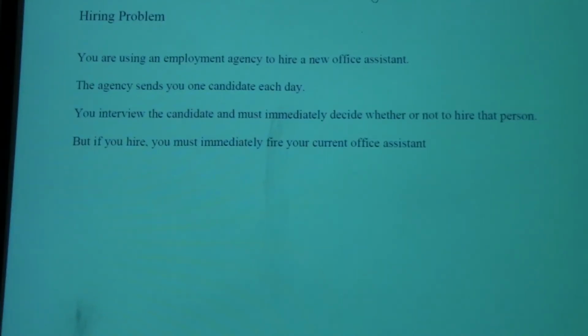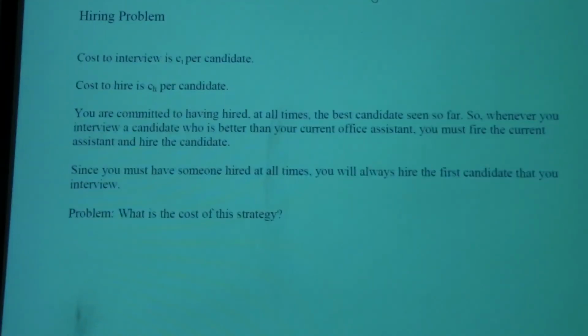So initially we have nobody. So we get the first person, what are we going to do? We're going to hire that person immediately. Whoever is the first person, we're going to hire them. First we'll interview them, then we'll hire them. So we're going to look at the cost of our algorithm.